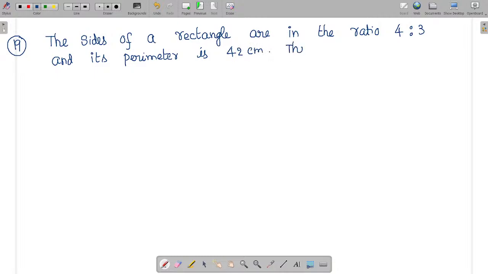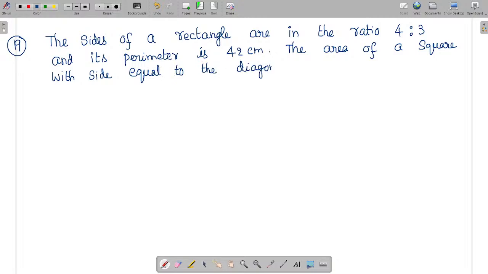The area of a square with the side equal to the diagonal of this rectangle is.